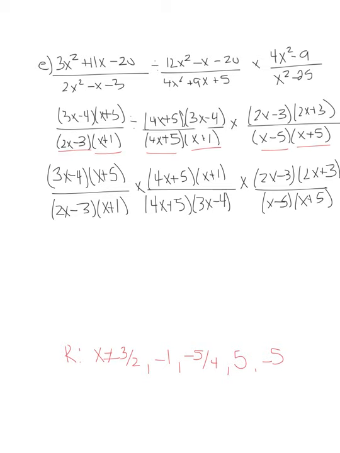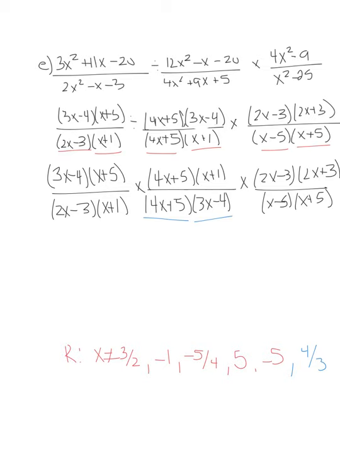So now that I've changed that, I do need to take a look at it again for new restrictions potentially. Here I would get a negative 5 over 4, which I've already included, and then I would also be adding that positive 4 over 3.